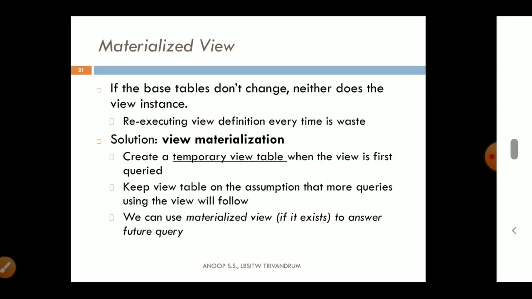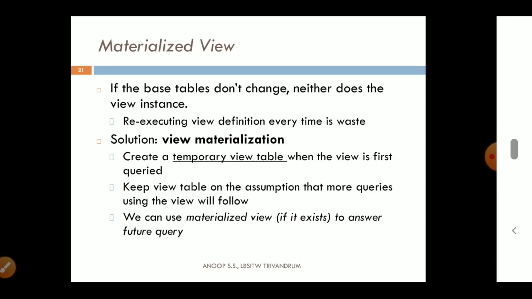So the solution is we can create a temporary table itself for the view. This is what we call a materialized view. Because the base table is not changing very frequently, instead of storing the definition of the view, that means the select query of the view, we create a temporary table for the view.